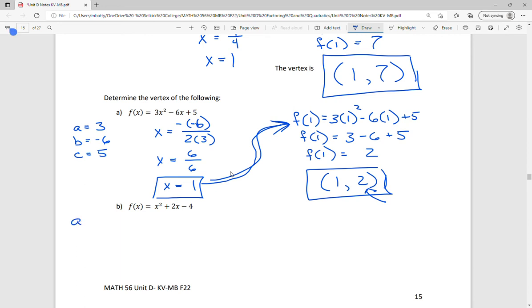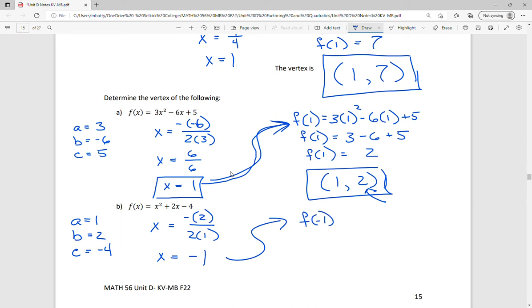Last one, might want to pause the video and try this one on your own. The vertex formula is going to give me the x value, so -b over 2a. x is going to equal -1. So that's the value that I sub into my original equation to figure out the y value of my vertex.